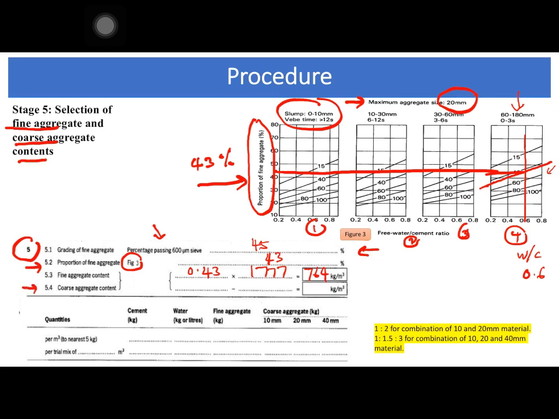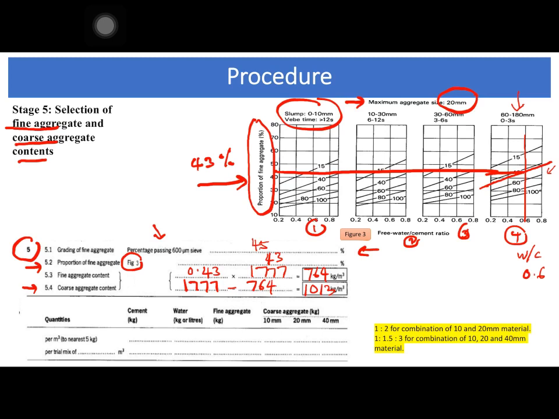Definitely we can subtract the total aggregate 1777 minus 764. So you can get around 1013. So here this 1013 is coarse aggregate.